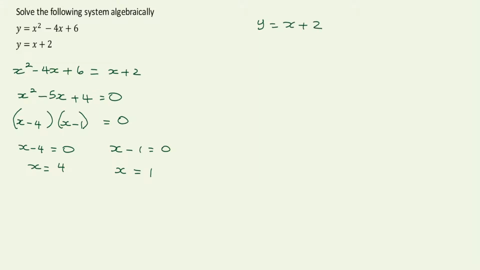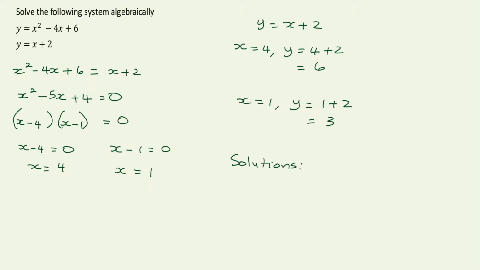What that means is for x equals 4, y equals 4 plus 2, which is equal to 6, and for x equals 1, y equals 1 plus 2, which is equal to 3. So for our solutions, we have 4, 6. We also have 1, 3.